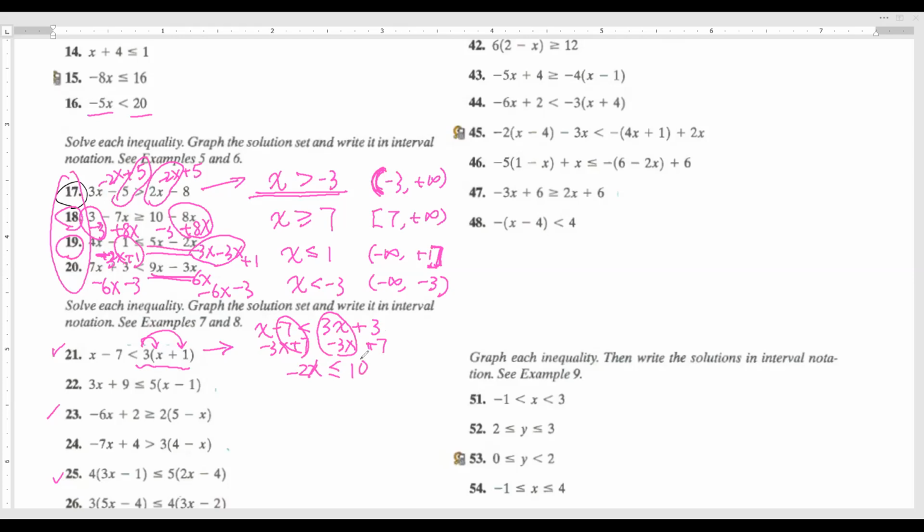Up to now, you can see here it's a -2, so we need to divide by -2. Keep in mind, -2 is less than 0, so we have to change this into greater than or equal, right? So here we change to x greater than or equal to -5. That's it.